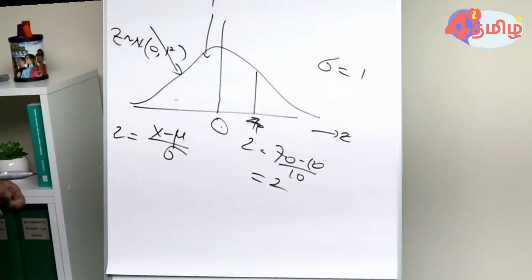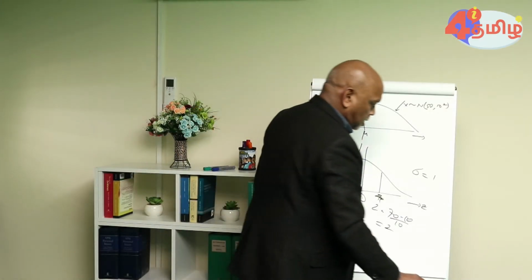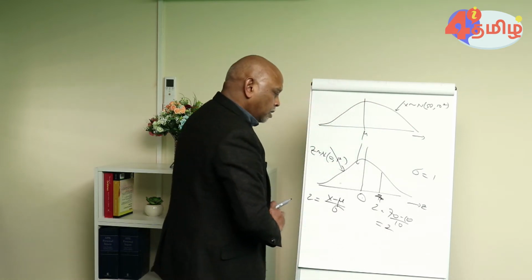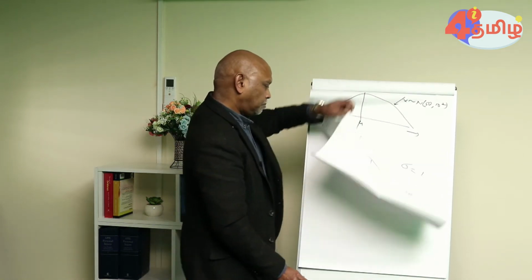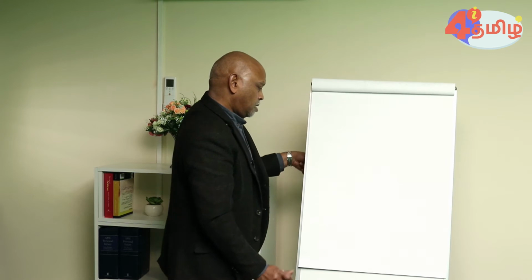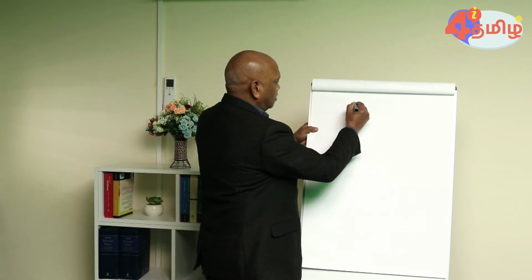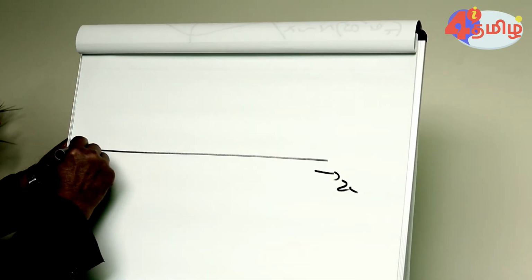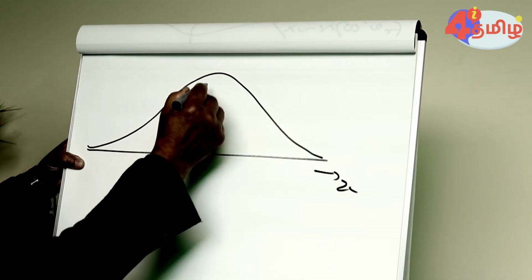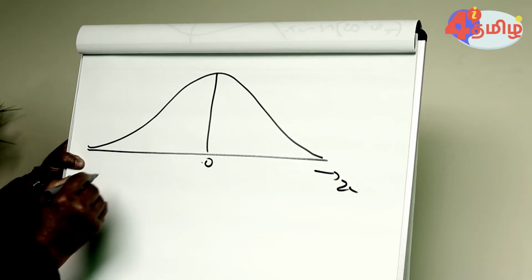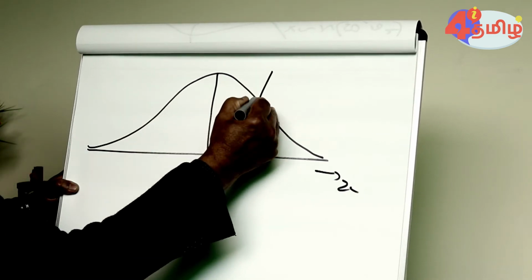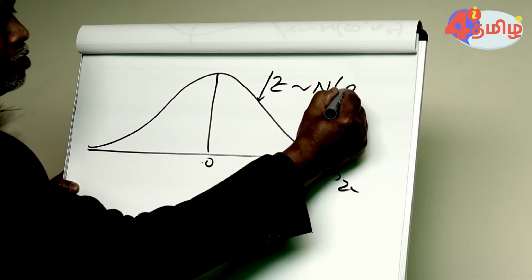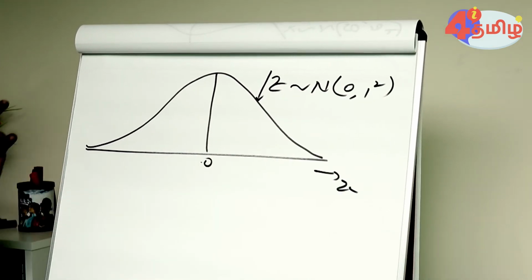Let's do some questions on this. Let me try a question. All right, that's a z value. So on the standard normal distribution curve, this is 0, and you denote that Z relates to the normal distribution N(0, 1 squared).